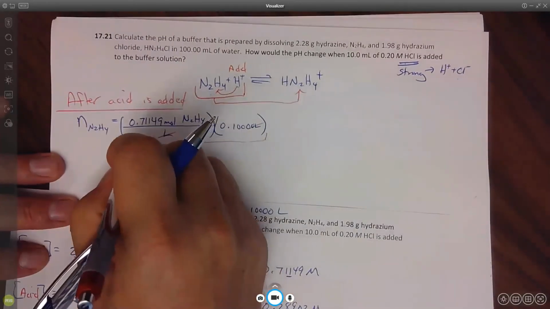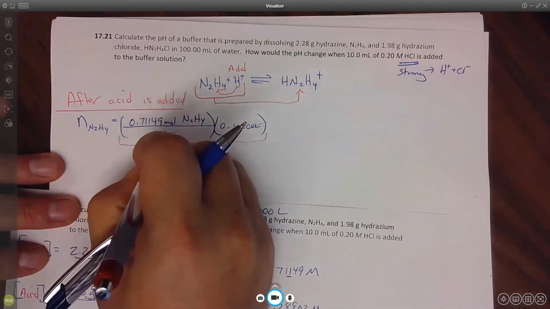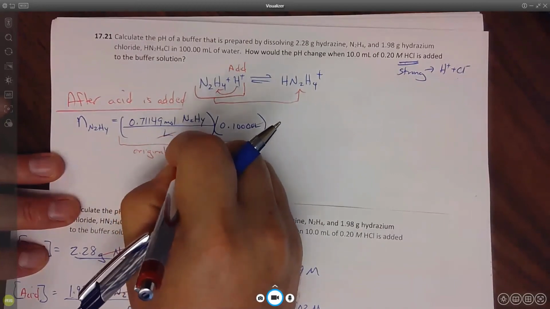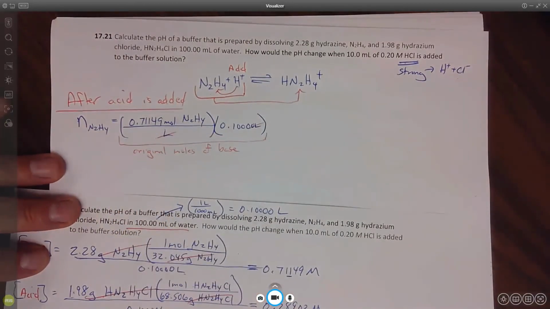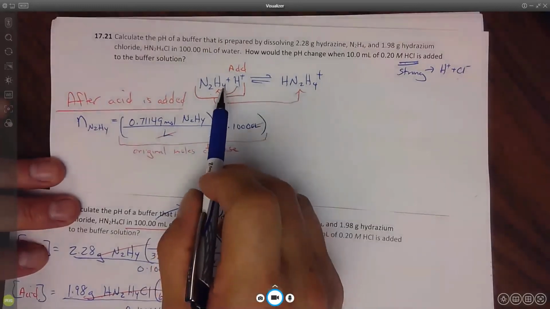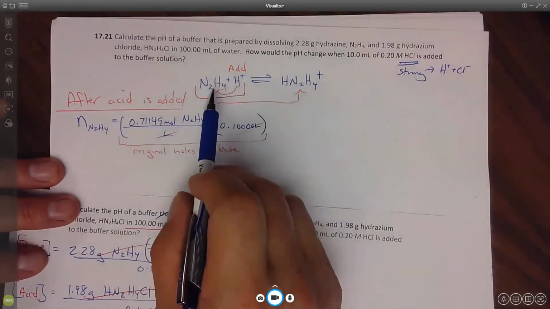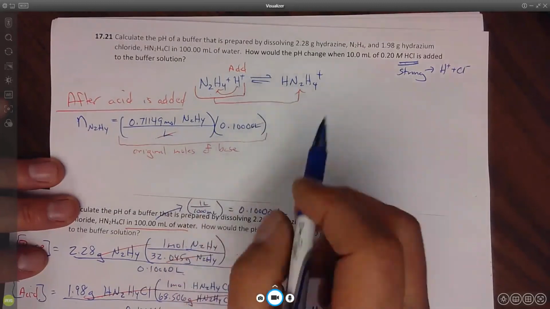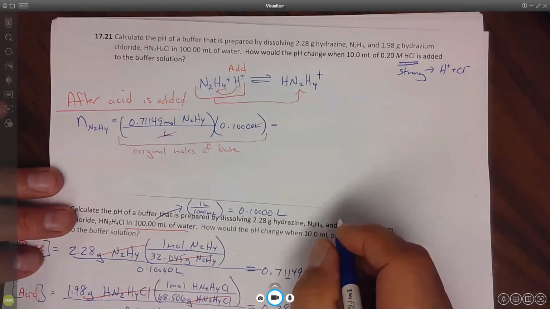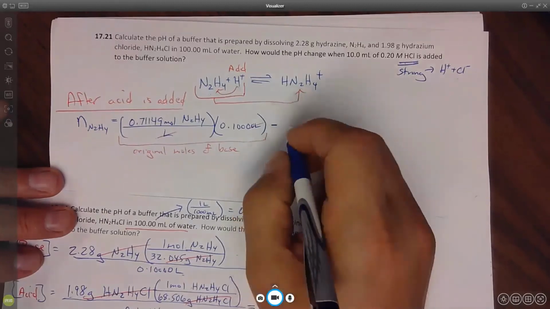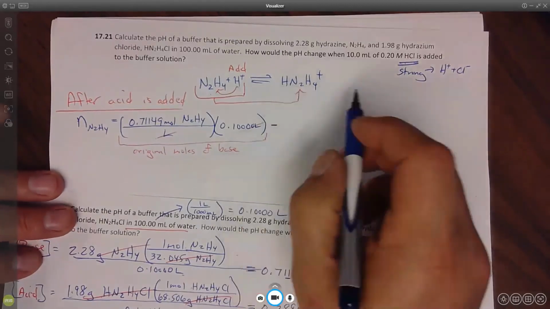So this is the original moles of base. Now remember, we're going to lose a mole for every mole of H plus. So we're going to say subtract. Okay. And now we're going to calculate the moles of the acid.